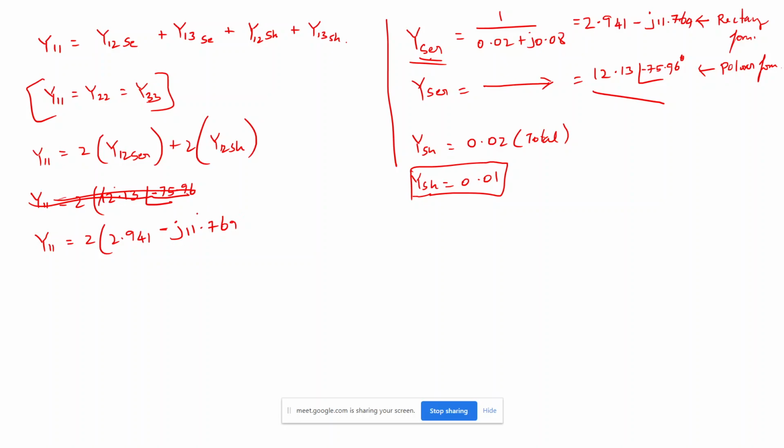Now take it as rectangular form, and this is plus 2 into j0.01. So find out what the y11 value is.